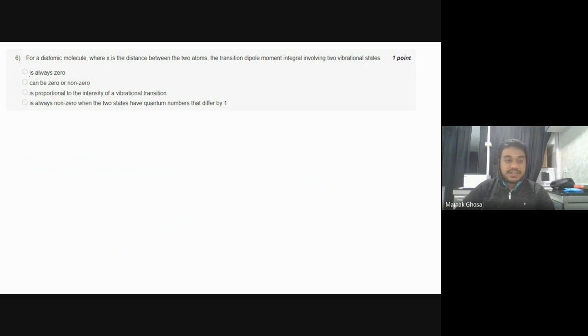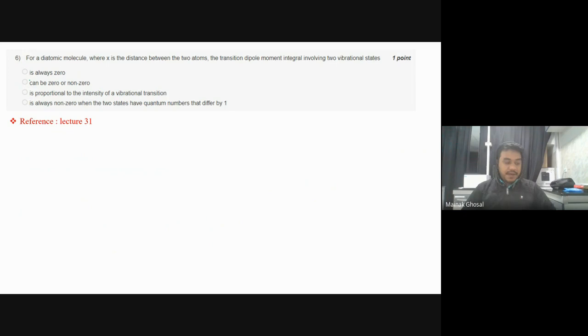Now for the next question: for a diatomic molecule where x is the distance between two atoms, the transition dipole moment involving two vibrational states is always zero, can be zero or non-zero, proportional to intensity of a vibrational transition, or always non-zero when the two states have quantum numbers that differ by 1. So you have to find the correct answer.